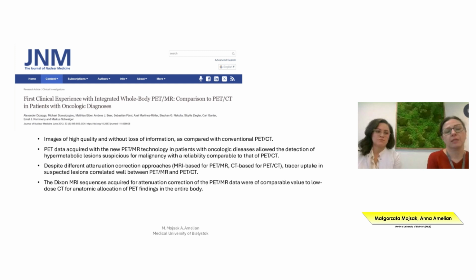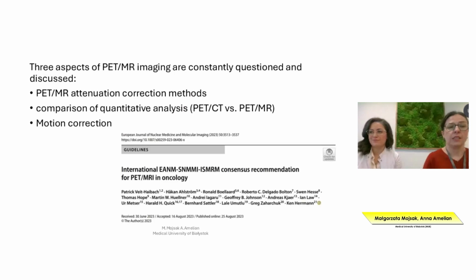But in this first publication, it showed that the correction is the proper methodology applied in PET-MR technology, and I know that the research is still being carried on.